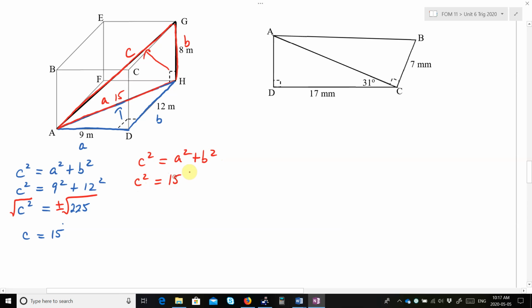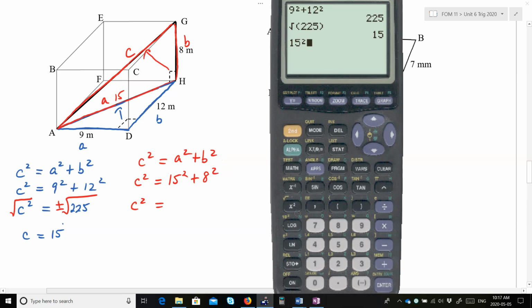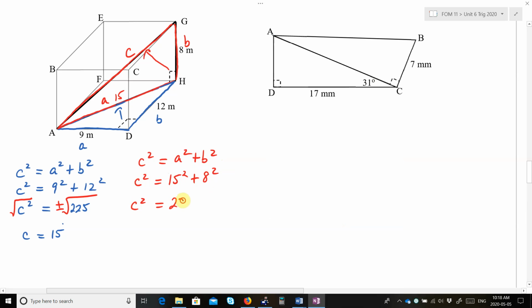A is 15, so 15 squared plus 8 squared, so C squared is equal to 15 squared plus 8 squared, which is 289. Wow, and I think the square root of that is 17, but we will see.